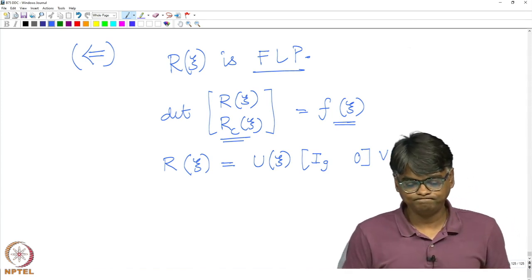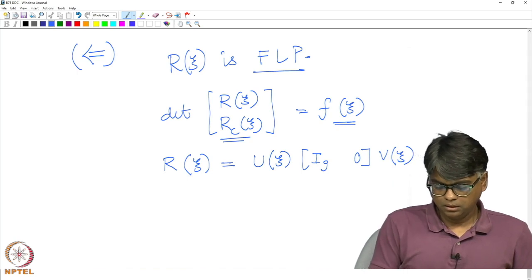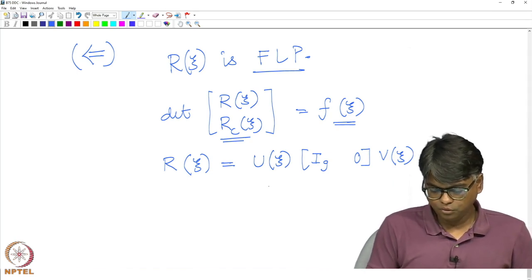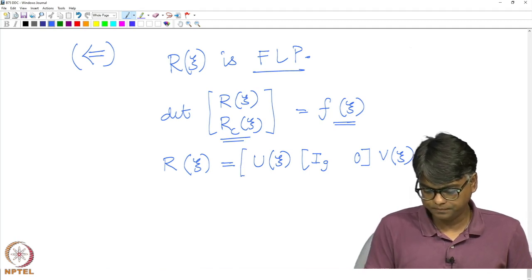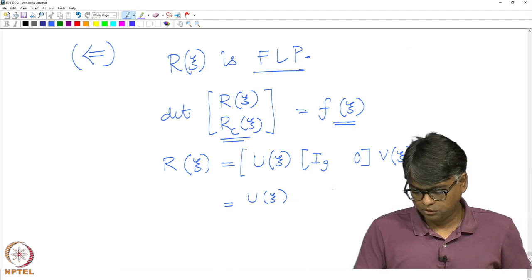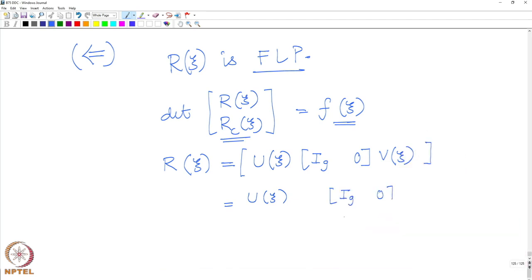Now, to get RC xi, notice this. I will concentrate on this Smith form. I will look at this U xi, I will look at this I g 0, and I will extend this matrix to have 0 I q minus g. Then this will be a q by q square matrix.